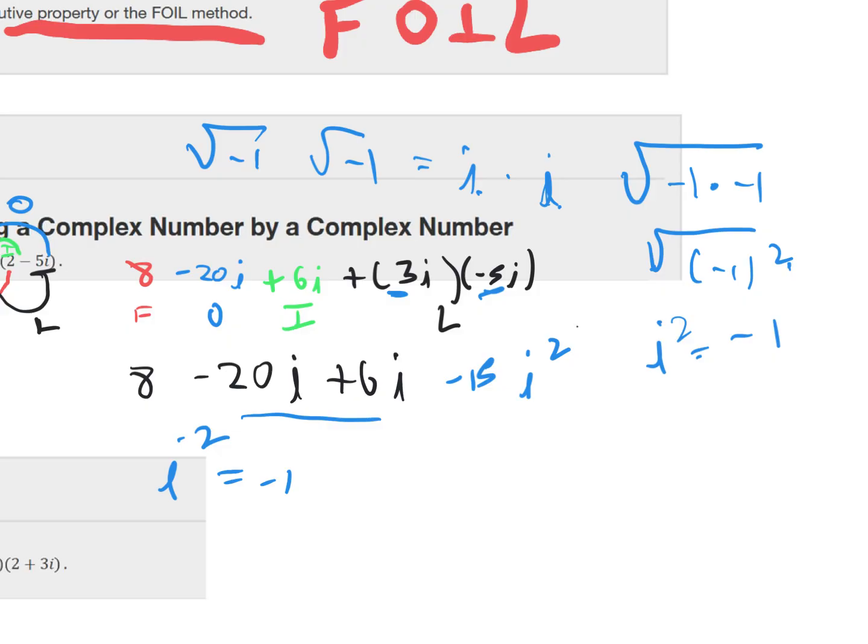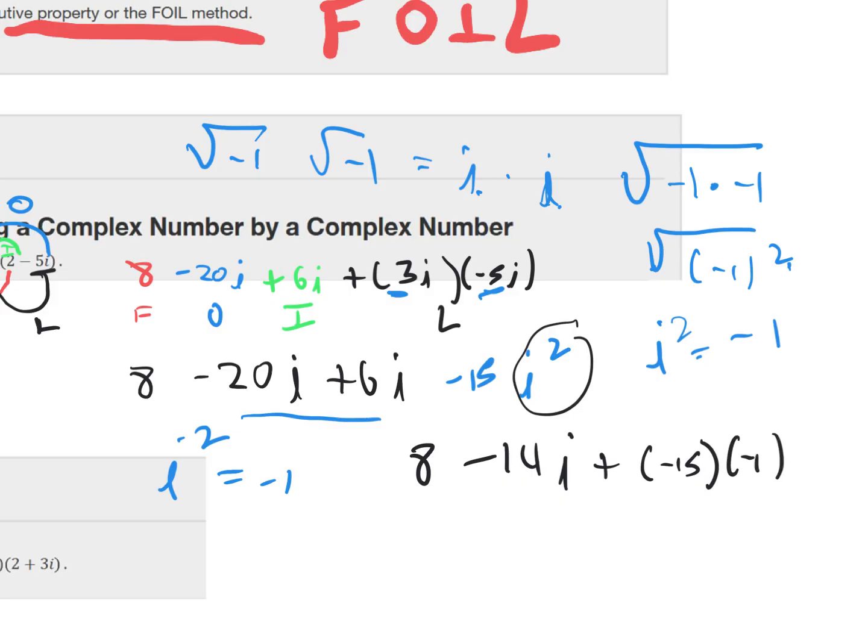So this turns into a negative 1. So here I go. 8 minus a 14i, because negative 20 plus 6 is a negative 14. A negative 15, that's going to go plus a negative 15 in parentheses times a negative 1, because i squared is a negative 1. 8 minus 14i, negative times a negative is a positive 15.